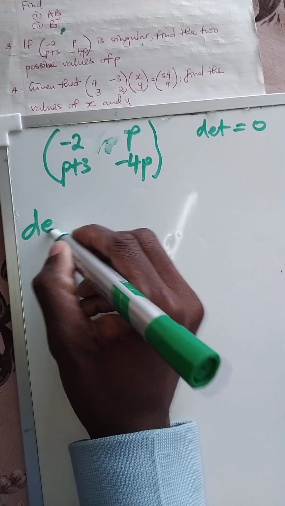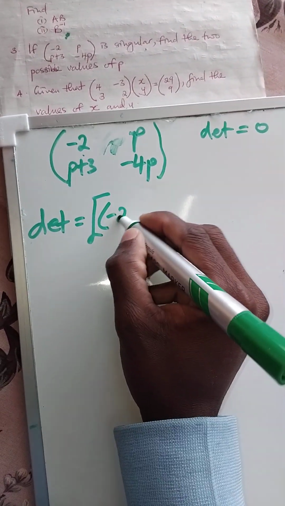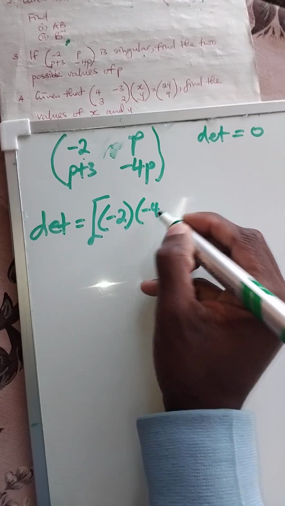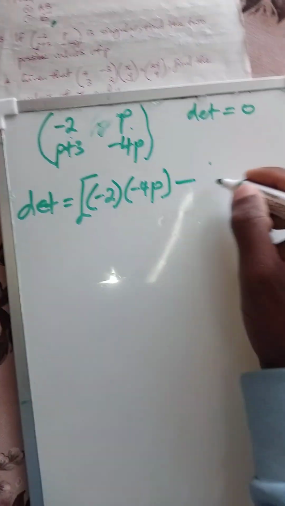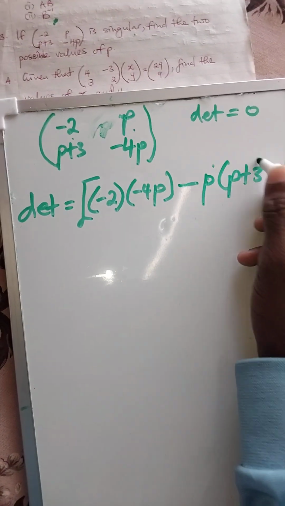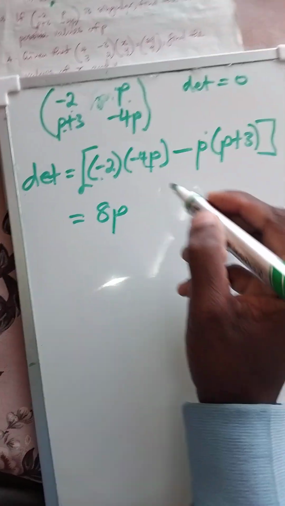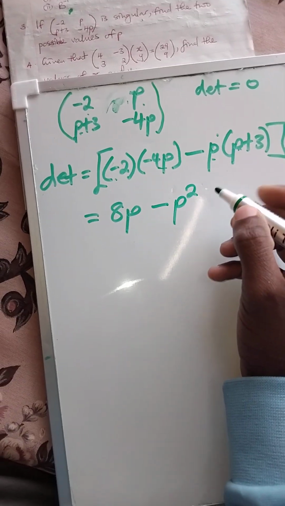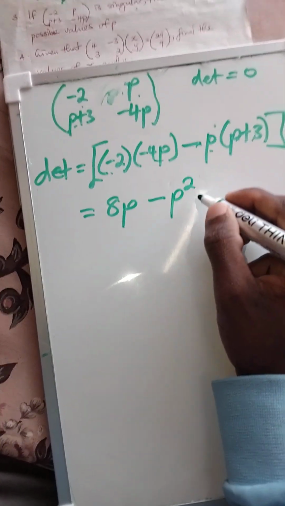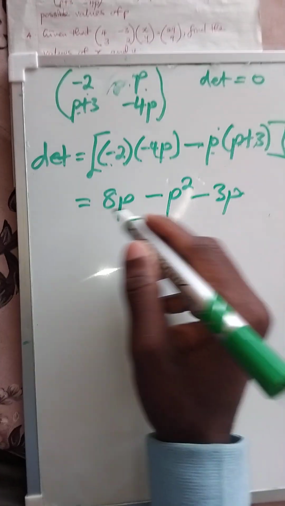So first let us find our determinant. So negative 2p times negative 4p, minus p times p plus 3. Negative 2p times negative 4p is 8p squared, minus p times p plus 3, removing the bracket gives minus p squared minus 3p. So this is our determinant.